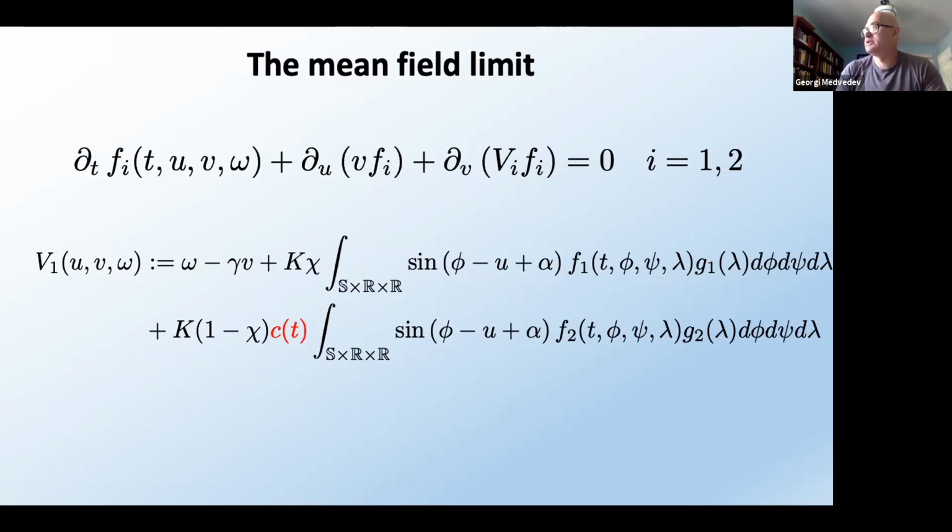And so at this point, we have a low-dimensional deterministic system which describes group dynamics. So these are two coupled second-order ODEs. And then at the level of fluctuations, we have two coupled Vlasov equations. And so this is the system which determines the stability of clusters.